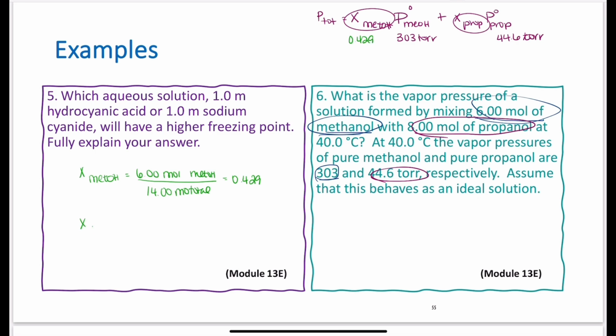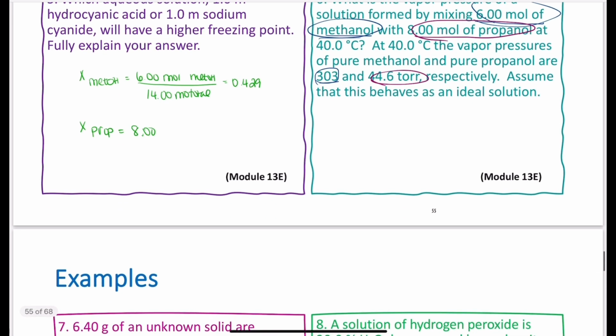Can do the same thing for propanol. Eight moles of propanol divided by 14 moles total gives me 0.571.